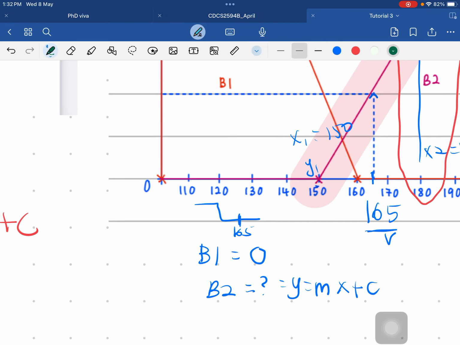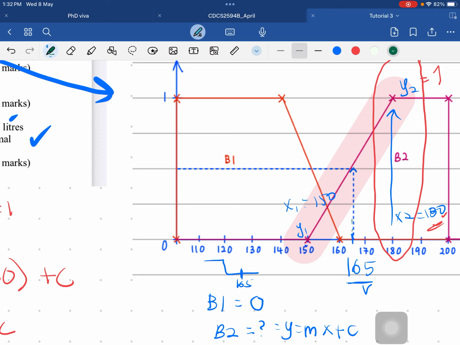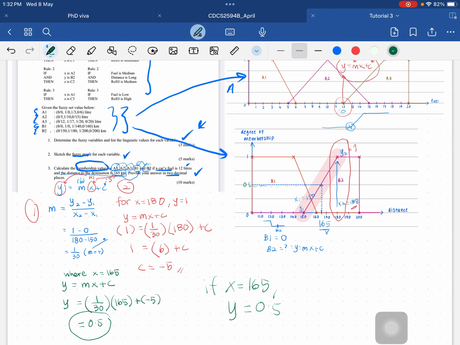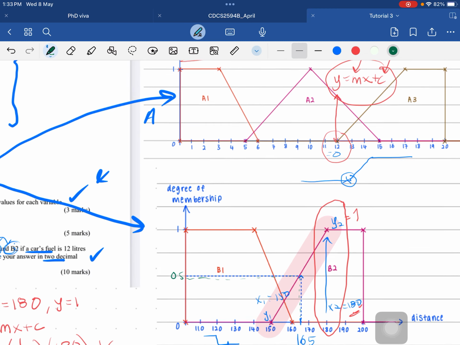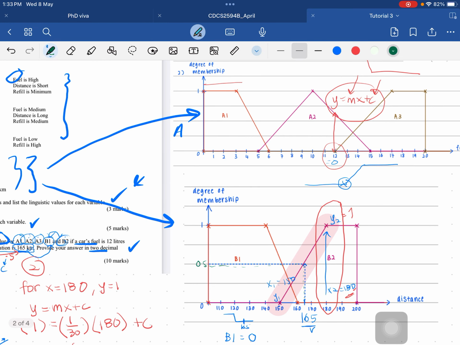So if you plot that on your graph, you can see that the value here is actually 0.5. So you can actually proceed with fuel equal to 12 liters, for example. Here 12 liters, okay, for this one.